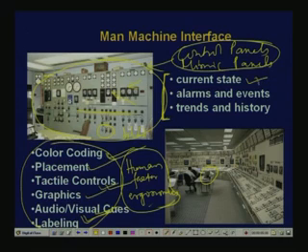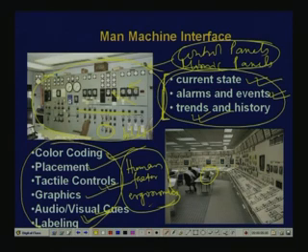It shows the current state of the process, it shows alarms and events, and it lets the operator compare performance against trends and history. So, these are the three kinds of information that a modern man machine interface based on computers makes available to the operator.